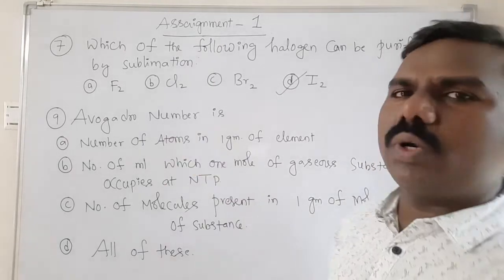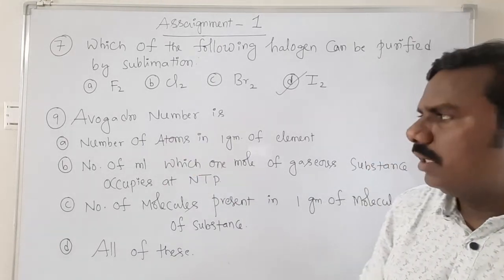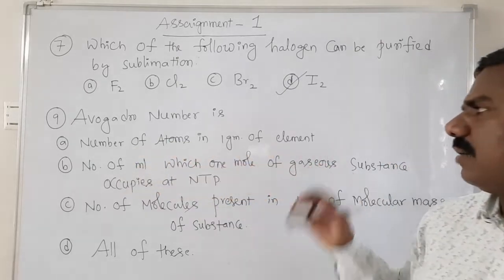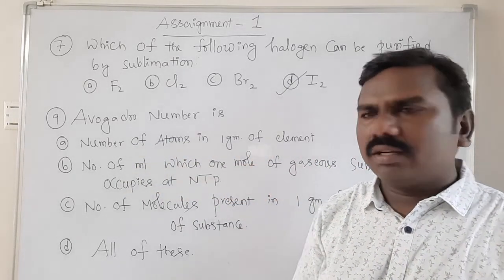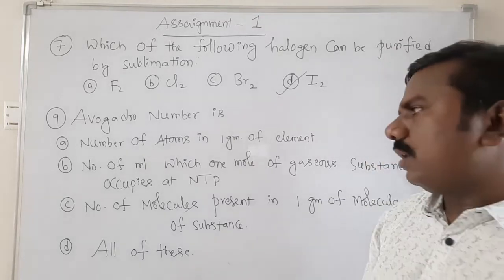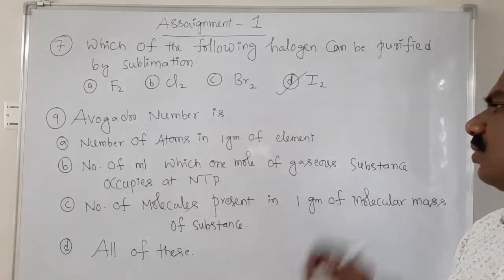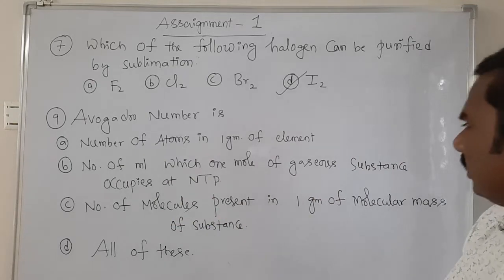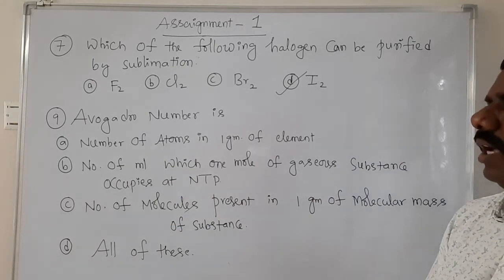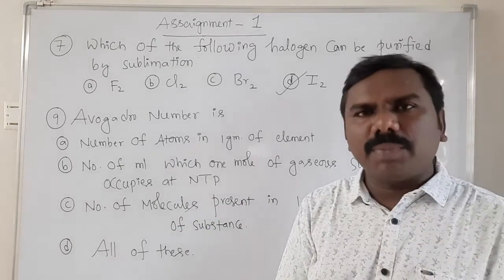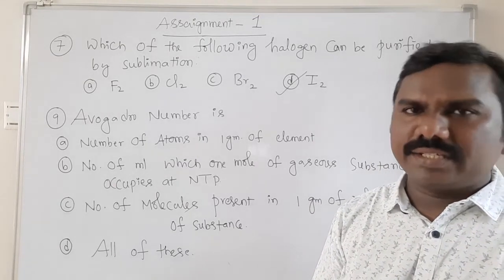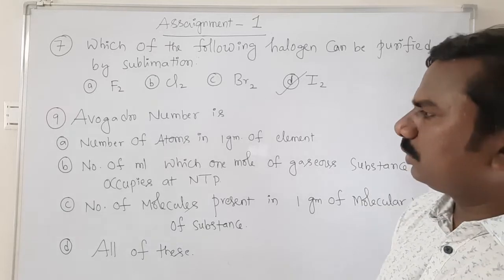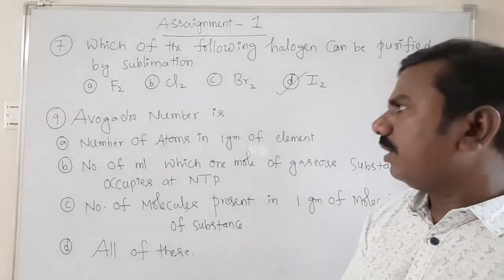Next, Avogadro number is, first option, number of atoms in 1 gram of element. It is not a valid option. Number of milliliters which 1 mole of gaseous substance occupies at NTP, volume of gas occupied at STP, is called molar volume.